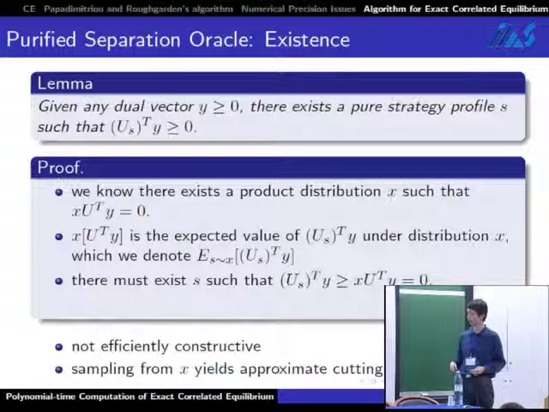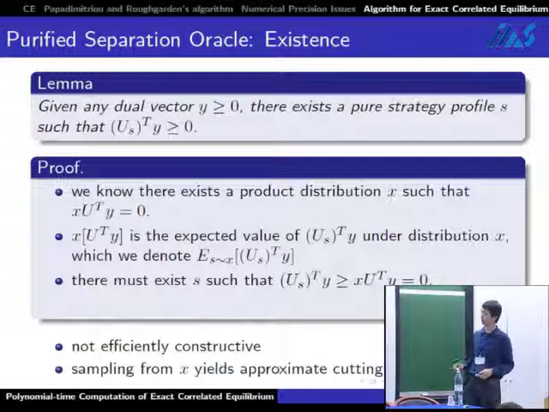So if we do the intuitive thing and sample from this distribution, it will only guarantee us an approximate cutting plane after a polynomial number of samples. But that's not really what we want. We want exact solutions.